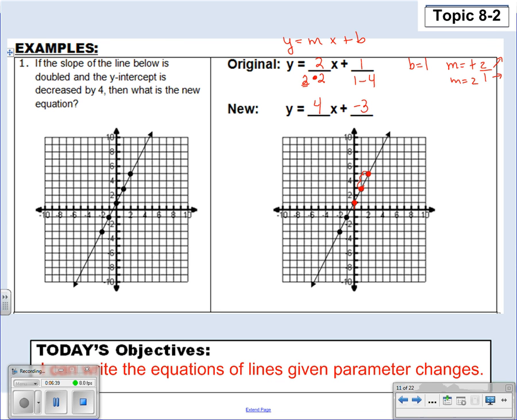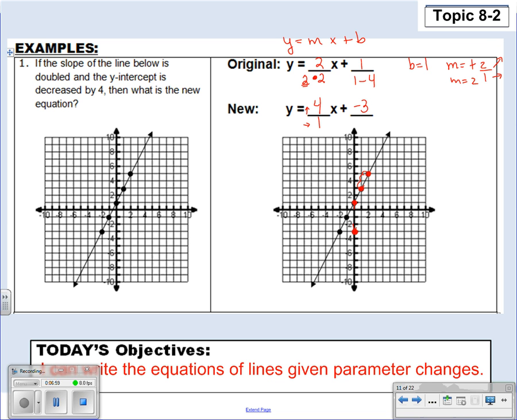So now we can graph that line to see what it looks like. Our beginning's at negative 3, so we'll start off on the y-axis at negative 3. Our slope is 4, so I'll make this look like a fraction, 4 over 1. Our top number tells us how far to go up. Bottom number tells us how far to go to the right.